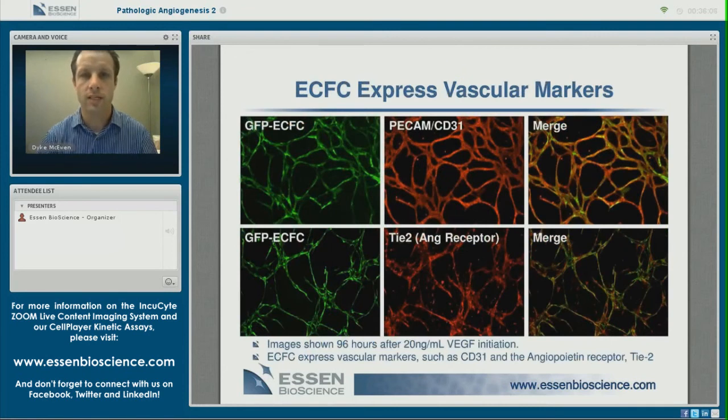Further characterizing the assay, we show here in the top panel that the ECFCs express the vascular marker PECAM, or CD31, and this speaks to two things in our assay.